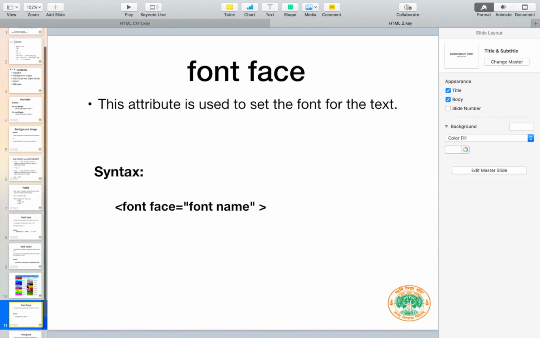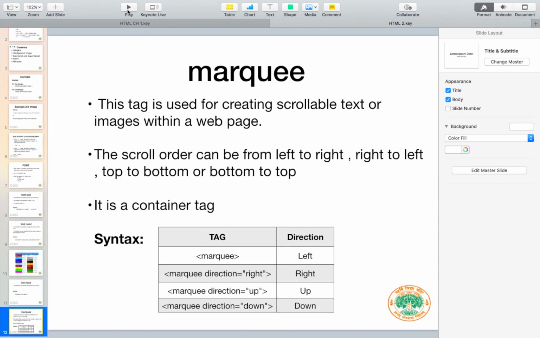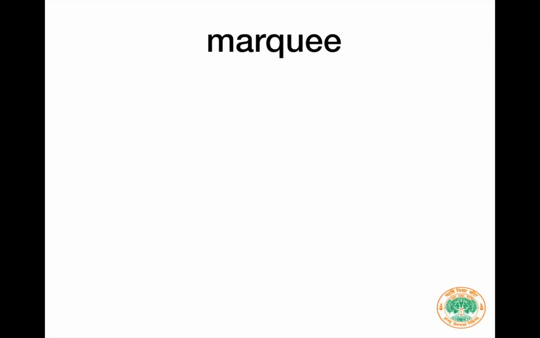Next, we come to the last tag of today's session, which is the marquee tag. See, when you visit certain websites, you will find that some portions of those websites keep moving from left to right, or from right to left, or from bottom to top, or from top to bottom. So if you want to make some parts of your HTML web page moving, then you have to use this particular tag known as the marquee tag.